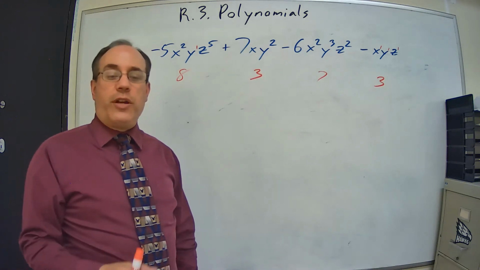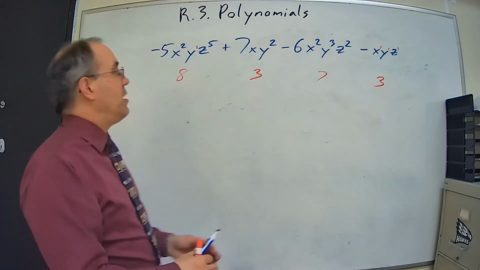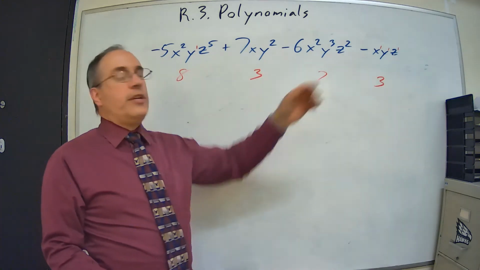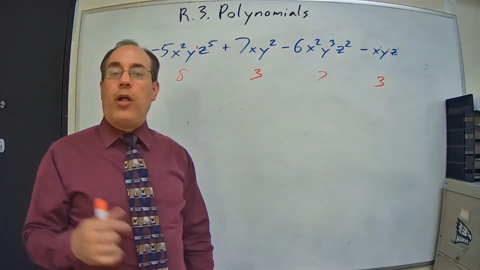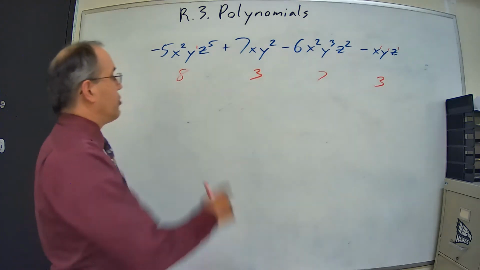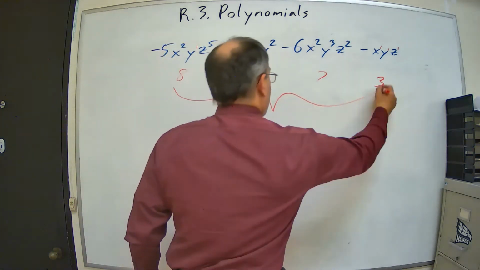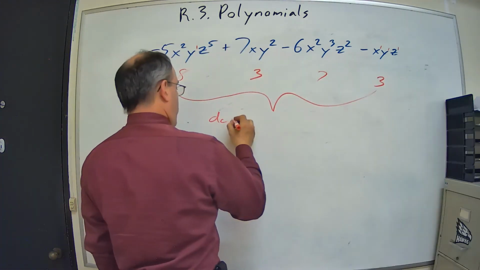Now, an additional question that I can ask with this is, not only what are the degrees of each of the terms, but what's the degree of the polynomial? So these are the degrees of the terms.